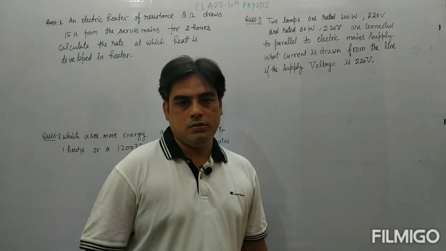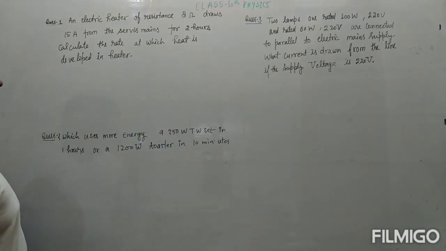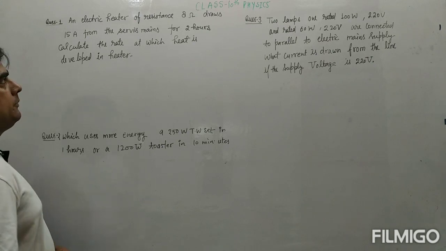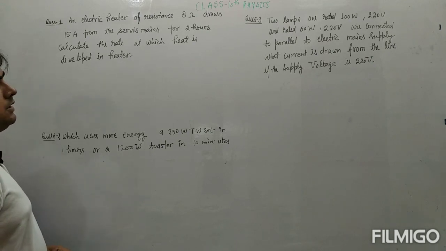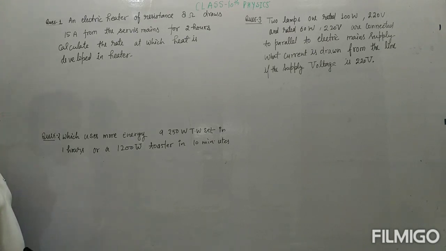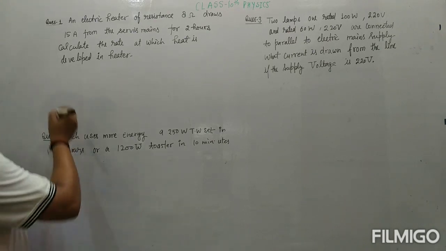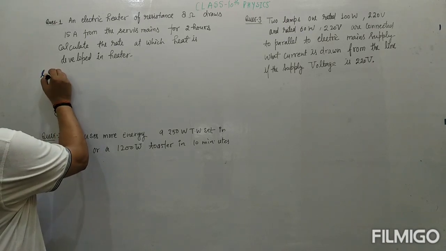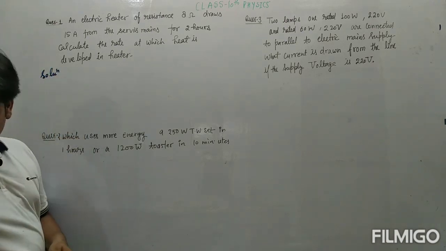So we start today. An electric heater of resistance 8 ohm draws 15 ampere from the service mains for 2 hours. Calculate the rate at which heat is developed. We start here with the solution.